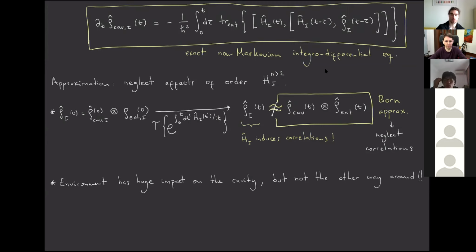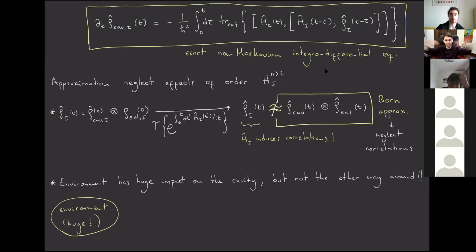So all I'm saying is the following. So we have an environment. Okay, so we have here an environment, which is a huge system. So this is a system that has infinitely many degrees of freedom.